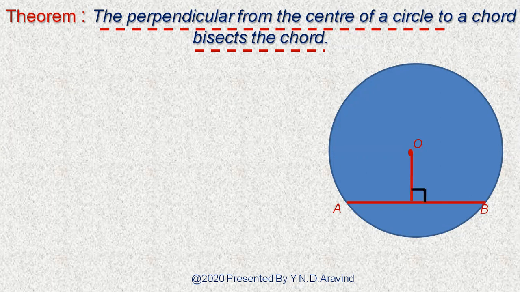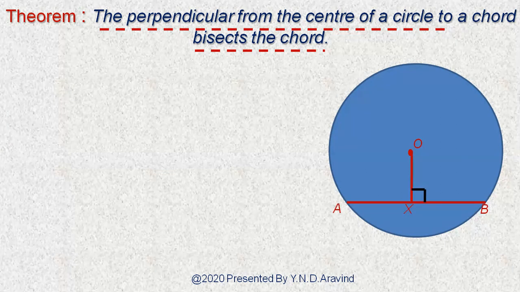So, friends, from center O, we can always draw a perpendicular on the chord AB. So, this line intercepts AB at point X. So now friends, this theorem is saying that the perpendicular drawn from the center to the chord AB will actually bisect this line. That is, this side is equal to this side.